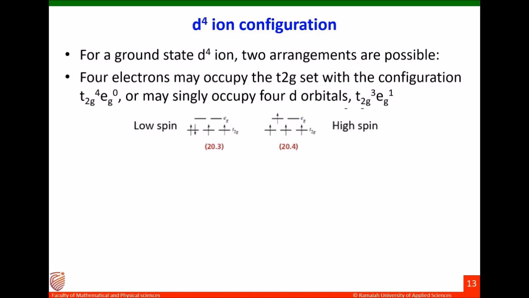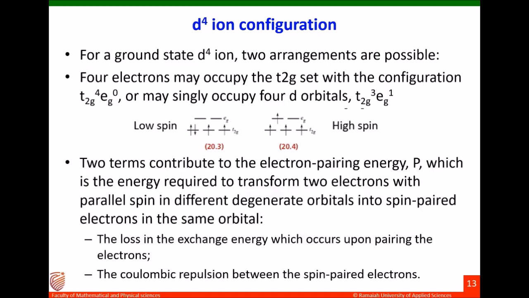So either all the electrons stay in T2g, or they singly occupy all the orbitals of T2g and one orbital in Eg.